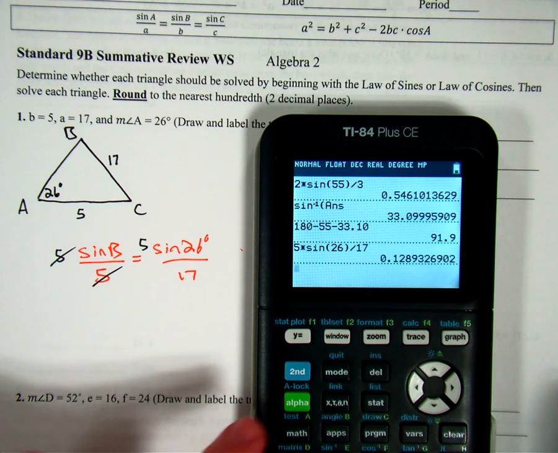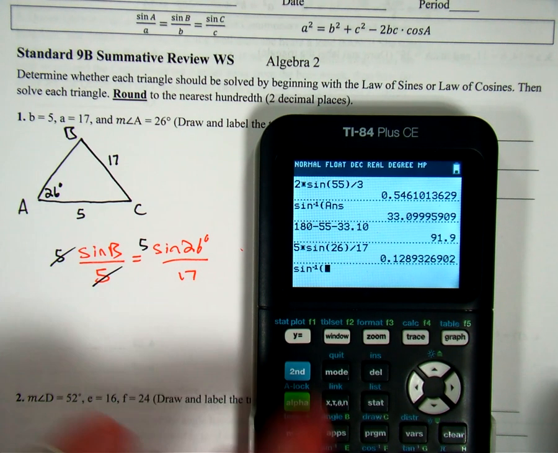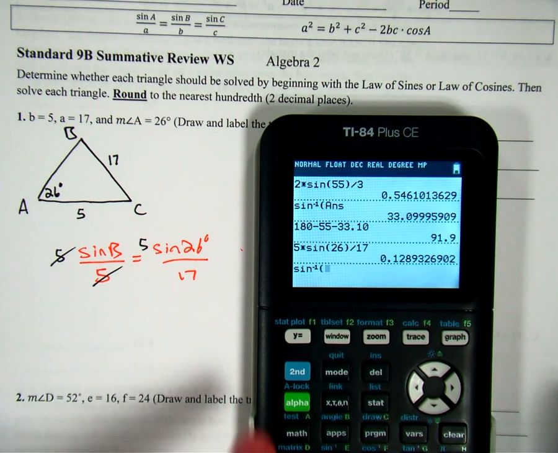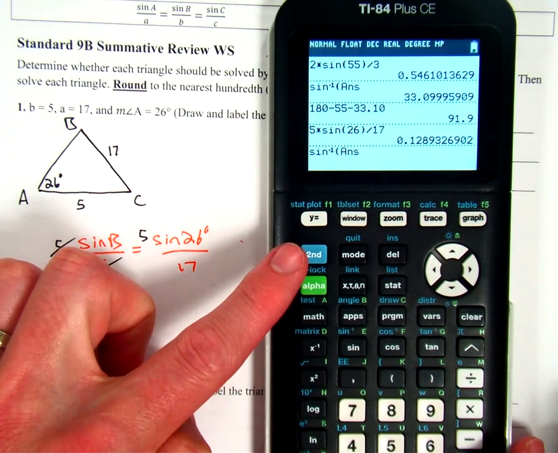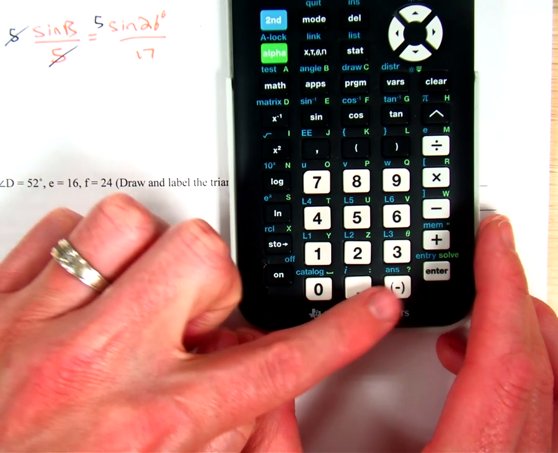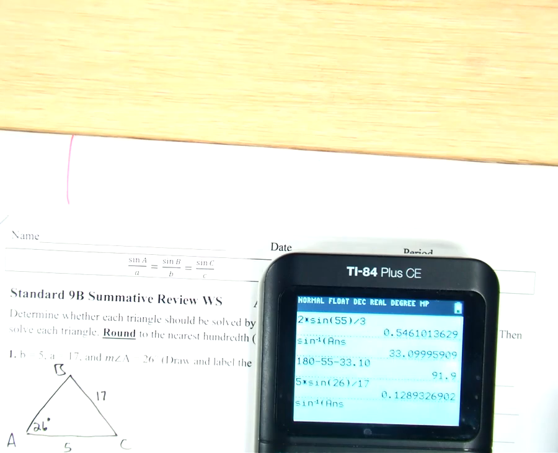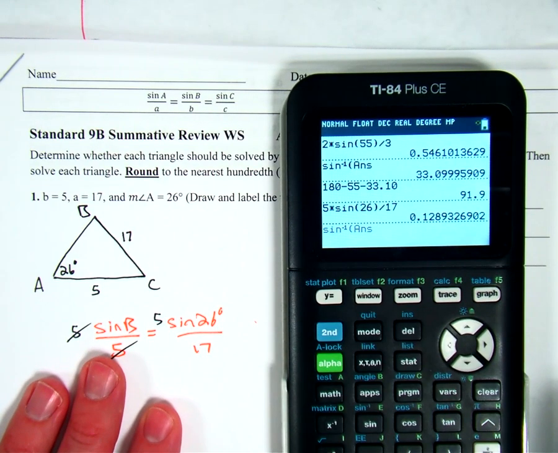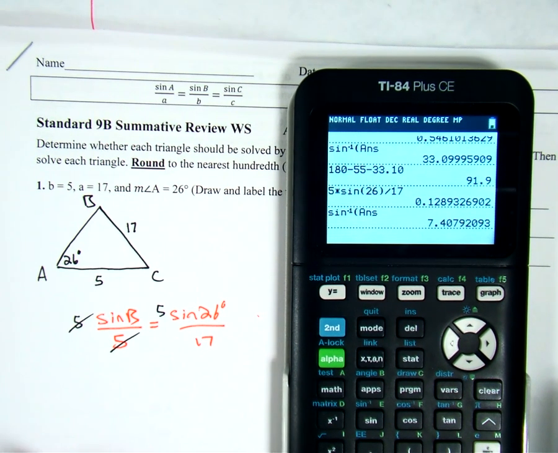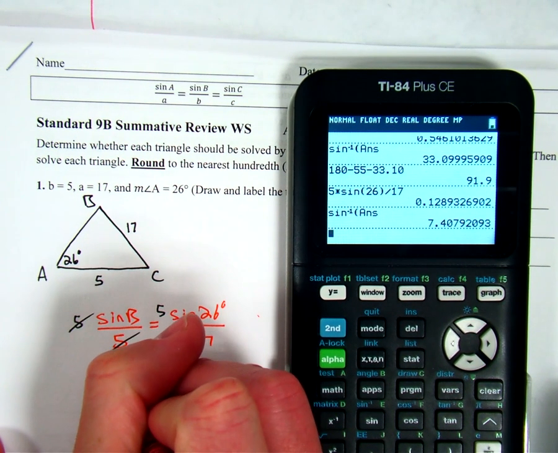What do you do? Second sine, inverse sine, to get an angle back. Second answer, and that's going to take the last answer we had and plug it in. Rounded to 2 decimals, 7.41 degrees. Pretty small angle.